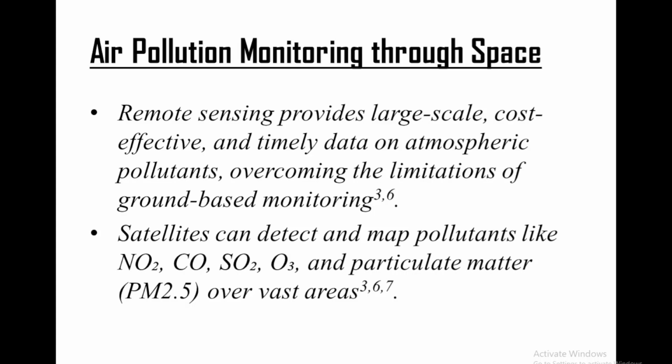It also allows for time series analysis, which enables researchers to monitor pollution trends, seasonal variation, and the effects of policy interventions or environmental events such as lockdowns or forest fires.